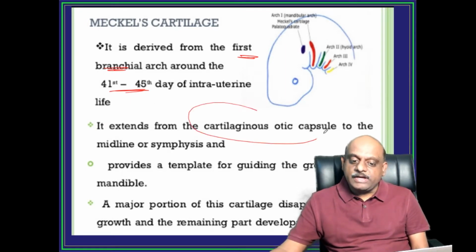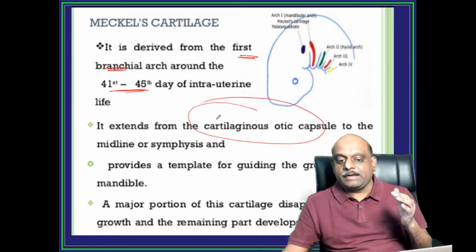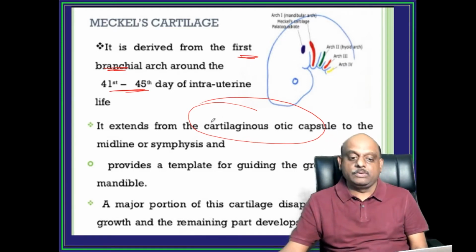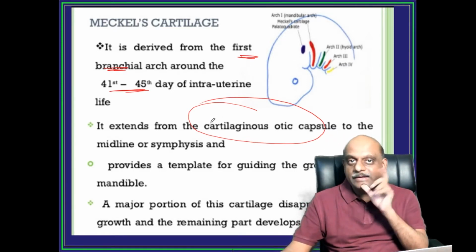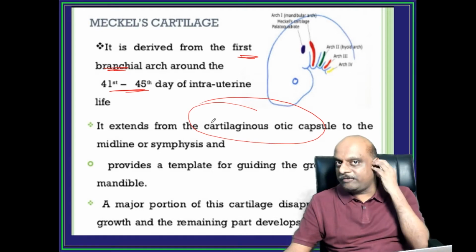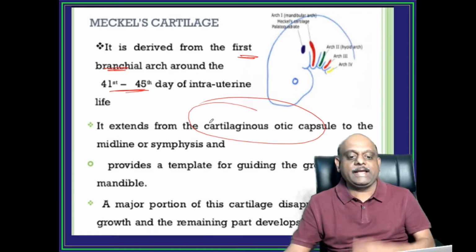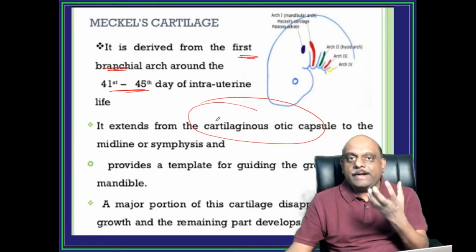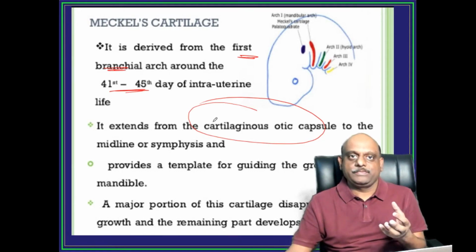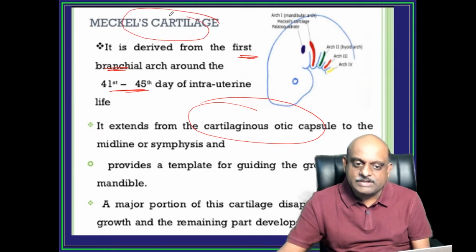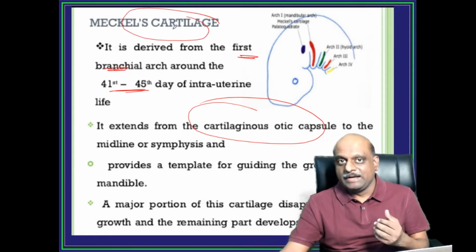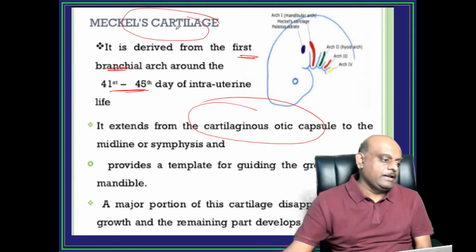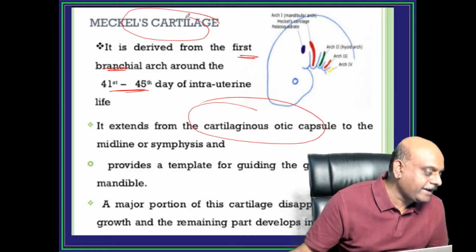It extends from the cartilaginous otic capsule to the midline. Otic capsule to midline, from the ear to midline, it typically extends. So when the mandible is growing, it requires a template on which it has to grow. So the whole purpose of the Meckel's cartilage is to provide the template for the growth of the mandible is what you have to emphatically remember.